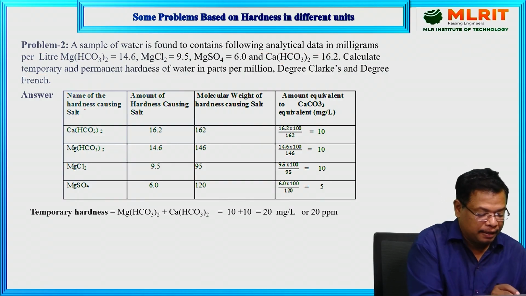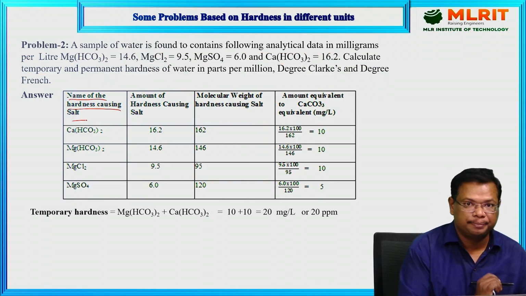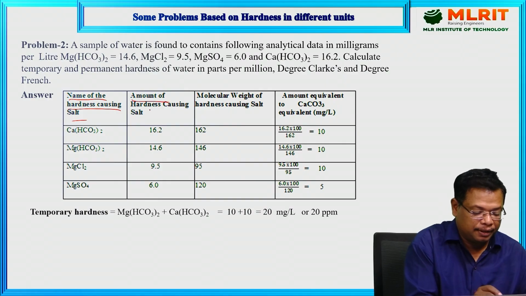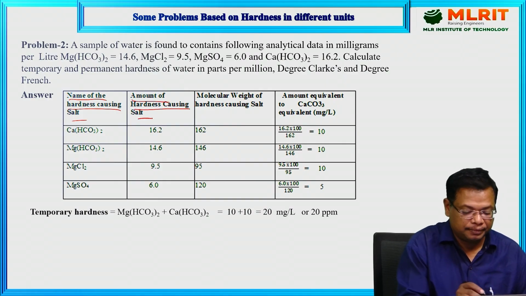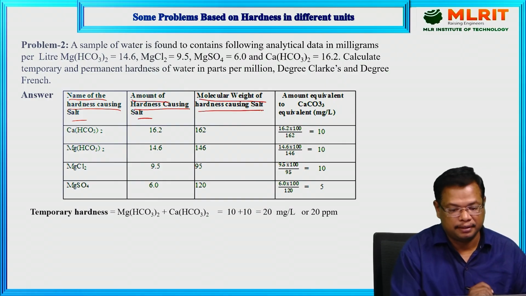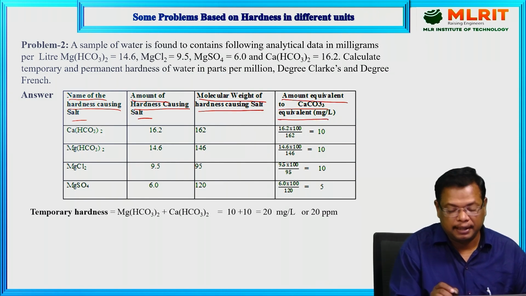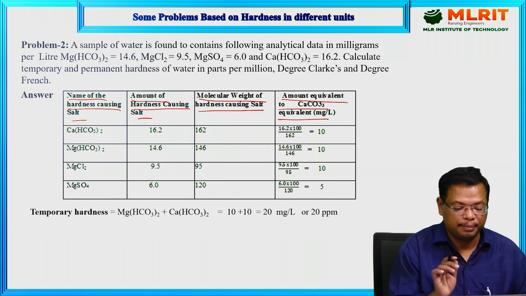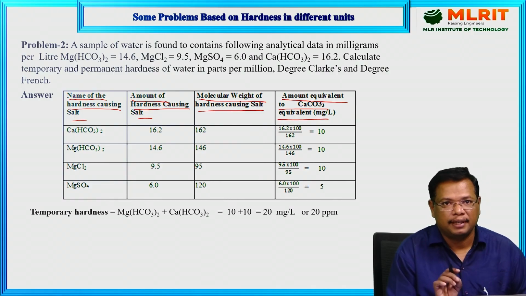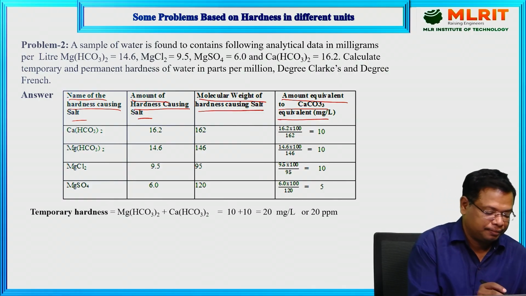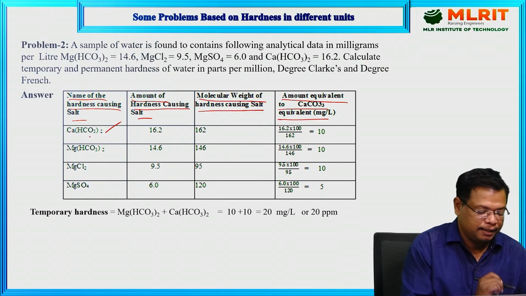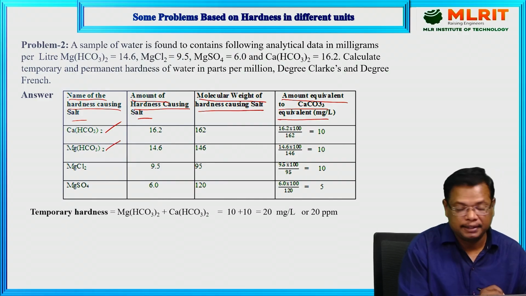Now, the name of the hardness causing salt, the amount of hardness causing salt, the molecular weight of the hardness causing salt, and the amount equivalent to CaCO3 in mg per liter. This is the tabular alignment. One is calcium bicarbonate, the second is magnesium bicarbonate.